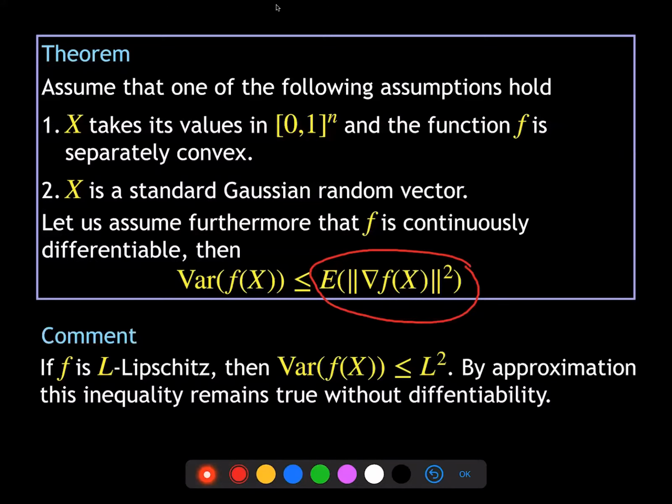So you get this immediately because L is the sup of the norm of the gradient of the function.